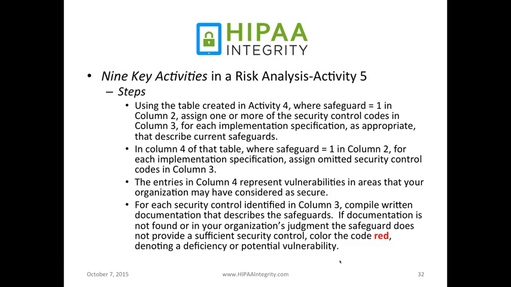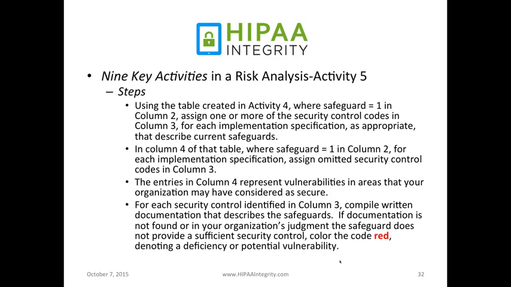In column 4 of that table, where safeguard equals 1, you would assign the omitted security control codes from column 3. So you might have 3 in the 3rd column and the remaining 2 in the 4th column.